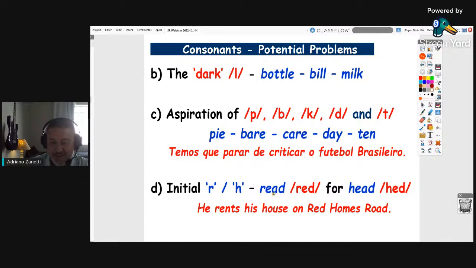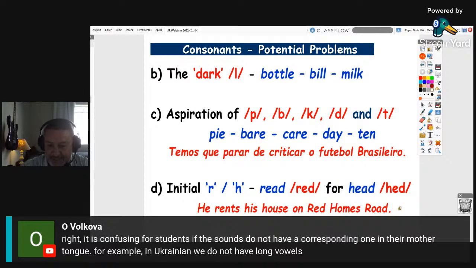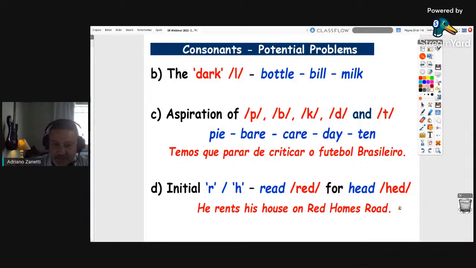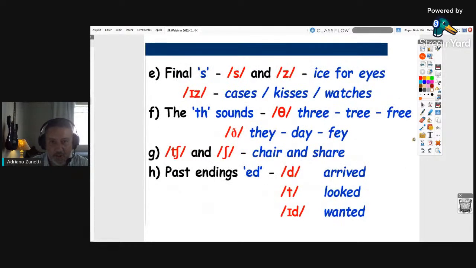We tend to mix the head for red. So what I do is create some funny tongue twisters. And I ask them later on, as homework or as a creative task, to create their own tongue twisters so that they can work on their h and r sounds. I just gave the examples here. Moving on, I go on with the s and z sounds.